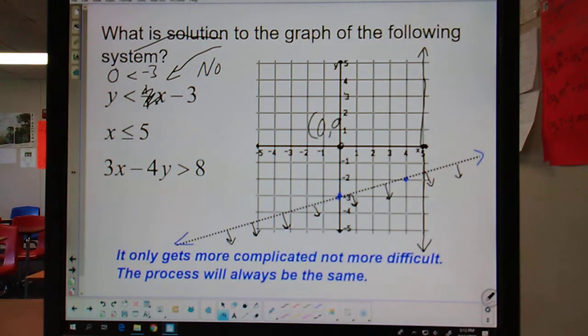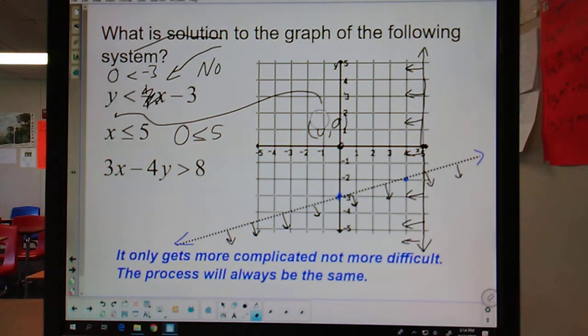But there's only one 0. I know, but look, put in the x for the 0. Is 0 less than or equal to 5? Yes, 0 is less than 5. So this one shades toward 0, 0, forever and ever, amen. Just like Randy Travis. Go that way, go that way.